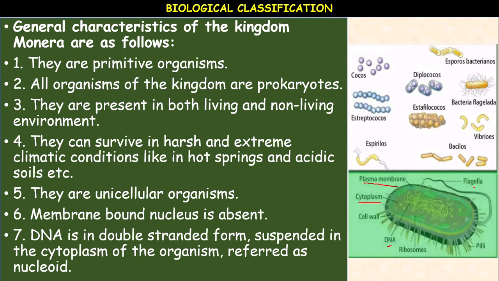They possess flagella, pili, and ribosomes are present. These ribosomes are present in groups, called polyribosomes. They are of different shapes: coccus, round; bacillus, rod shaped; vibrio, comma shaped. Like that, they exist in different shapes and can survive in different environments. The bacteria are characterized by the peptidoglycan cell wall.